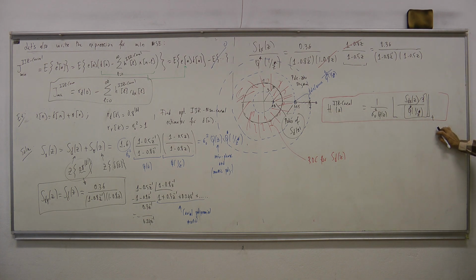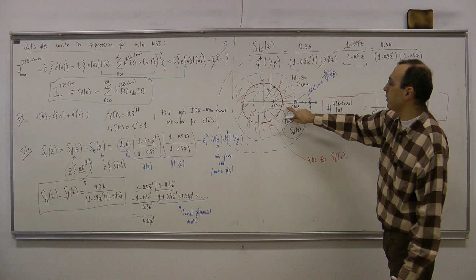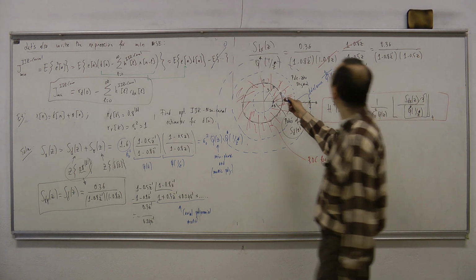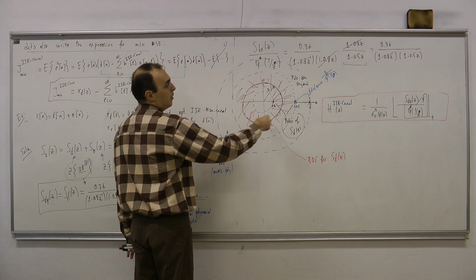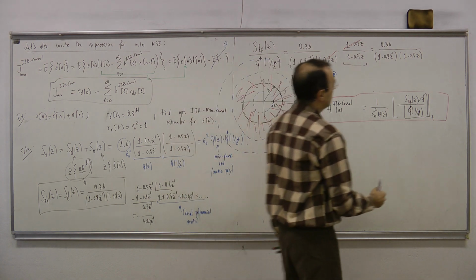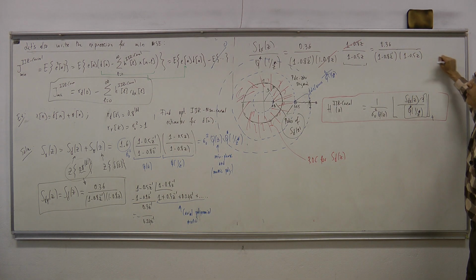Okay. Then their intersection will be again this red part, which is very good because this red part includes this unit circle, meaning that if I design a filter like this by their ratio, I know that it will be a stable filter. Which is good.